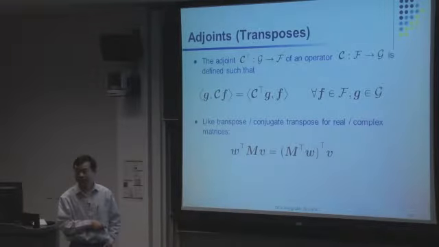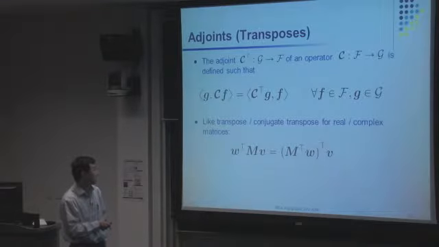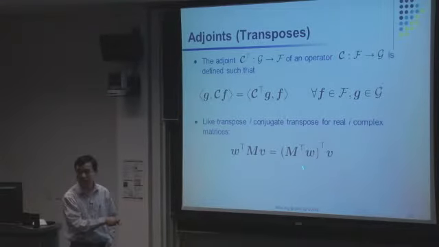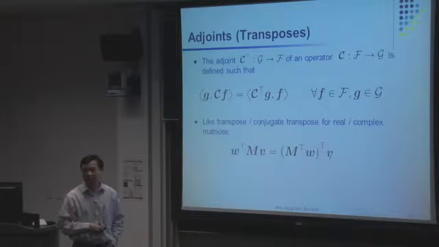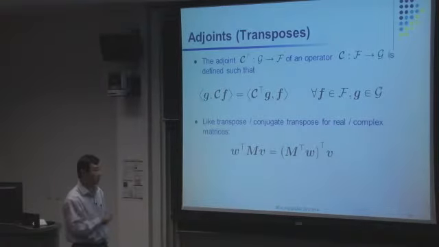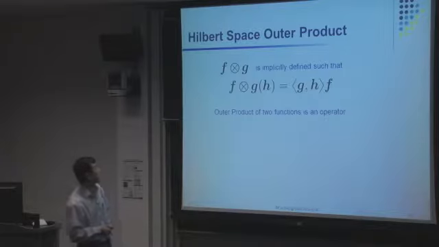Okay, and this is like the transpose or conjugate transpose in linear algebra. And what that is, let's not worry about it at this point. It is just a function that hopefully we're going to use later on to perform some useful operations.